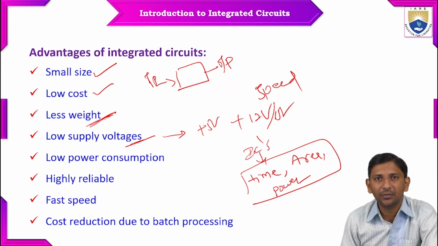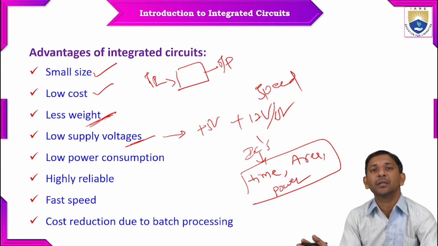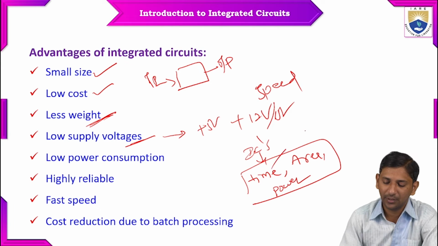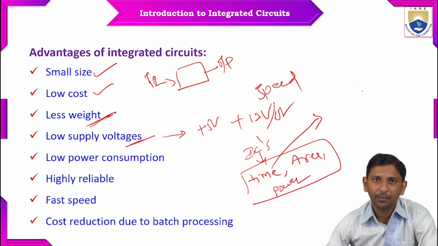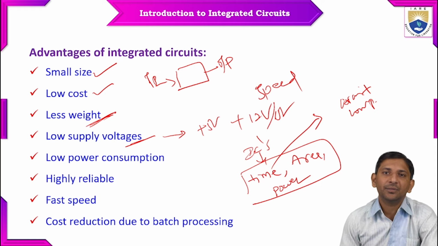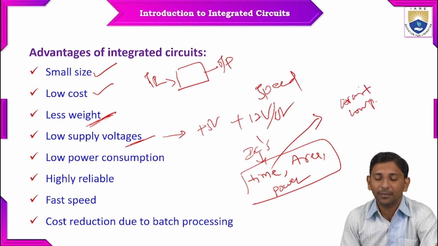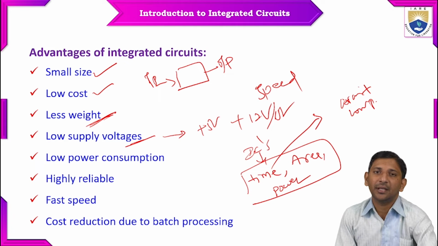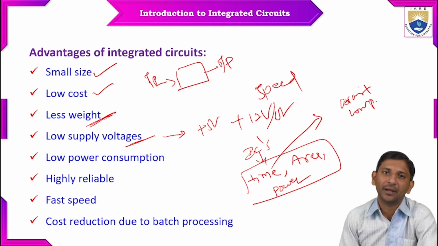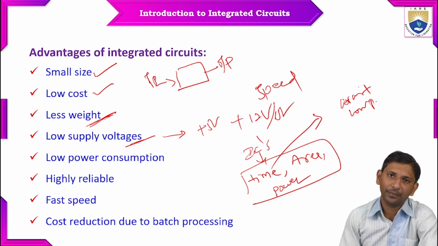How is time reduced? We reduce the circuit complexity; the time is adjusted by the circuit complexity. And area is also reduced when more components connected together are removed, and ICs replace many complex circuits or components.